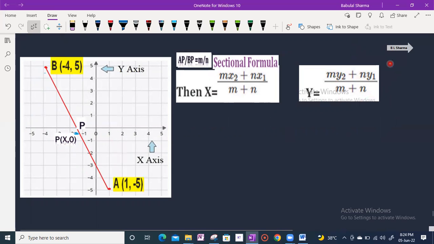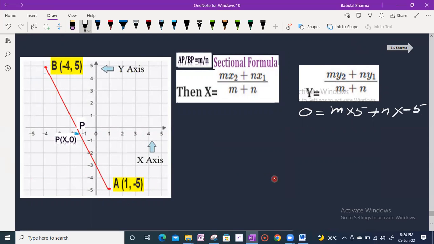Using this section formula, y is equal to 0, m we have to calculate, and what is y2? y2 is 5. So 0 is equal to m into 5 plus n, we have to calculate what is y1. y1 is minus 5, that is minus 5 upon m plus n.